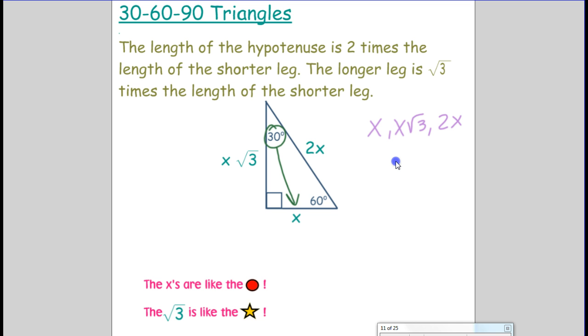The x, the whole number, is across from 30 every time. The medium side is across from 60, always x times root 3. The largest side is your shortest side, just doubled. So your hypotenuse is always your shortest side doubled.